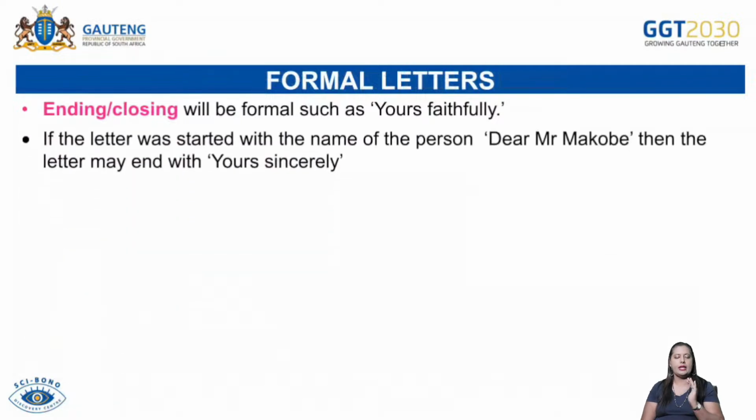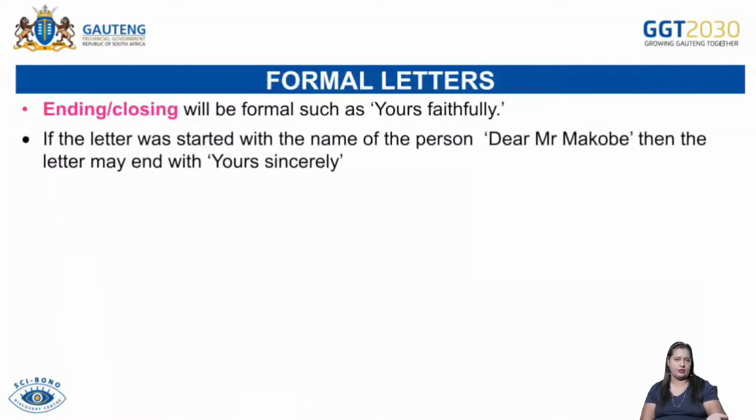All right. Now, if the letter was started with the name of the person, let's say you said, Dear Vash Suchit, for example, then the letter may end with yours sincerely. In other words, you know Vash as a person, and therefore you are writing to that person that you know, that formal piece of work.